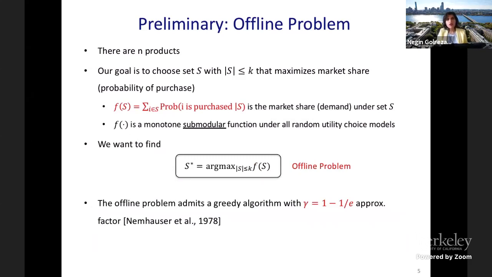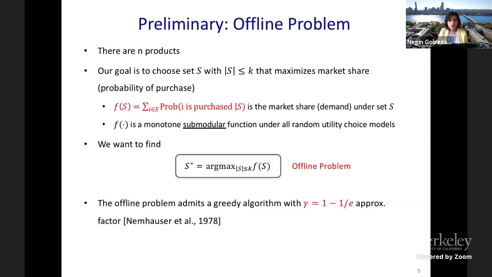I'm going to walk you through the offline problem. And remember that my focus right now is going to be on just assortment planning. So what's the problem? I have n products, and my goal is to choose a set S with cardinality at most k that maximizes market share, which is simply the probability of purchase.